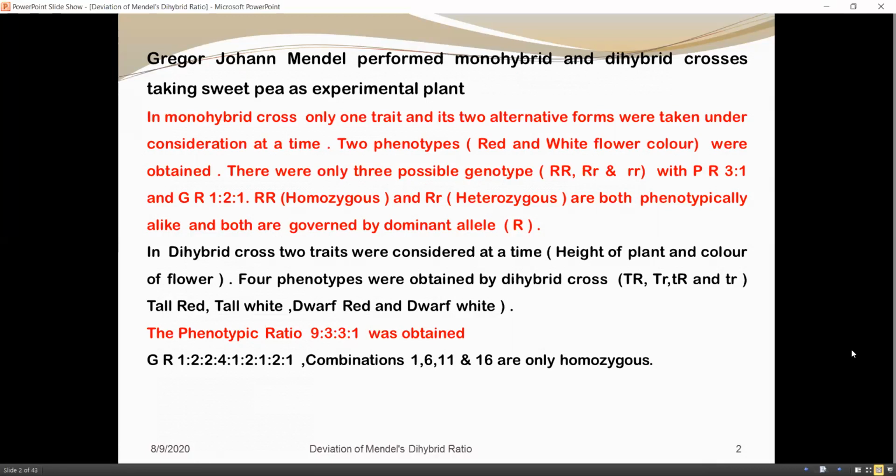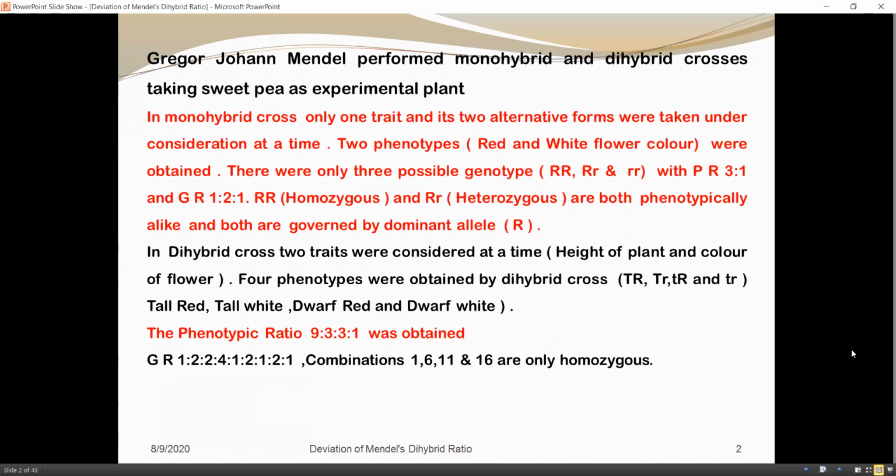Two phenotypes, red and white flower color, were obtained. There were only three possible genotypes: capital R, capital R, capital R, small r, and small r, small r, with phenotypic ratio 3 is to 1 and genotypic ratio 1 is to 2 is to 1.